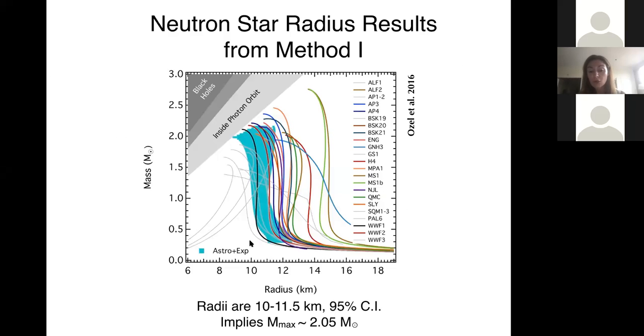And it also takes into account all the constraints that come from nuclear experiments in laboratories. So this is the band that you would deduce from that. At 95% confidence interval, it's about 10 to 11.5 kilometers. And this equation of state is consistent with a maximum mass of about 2.05 solar masses.